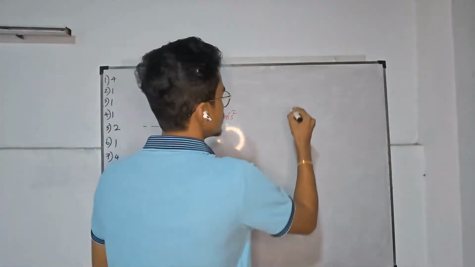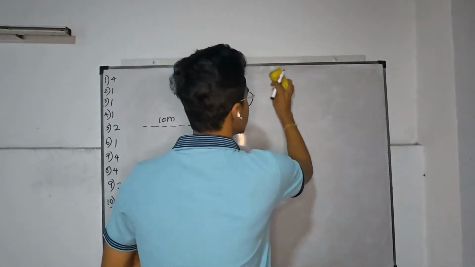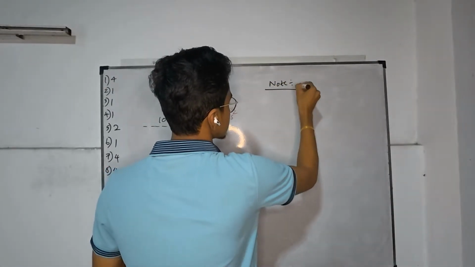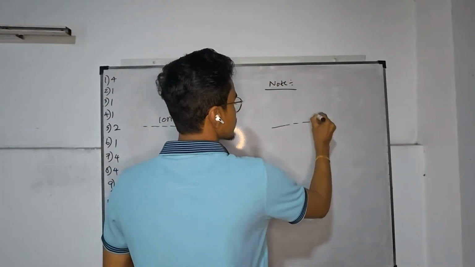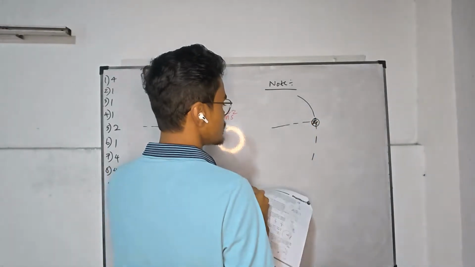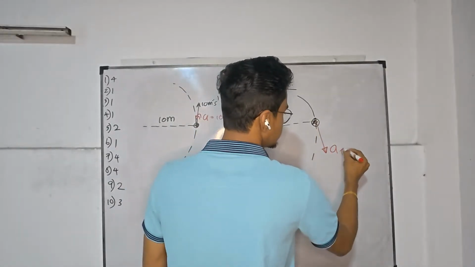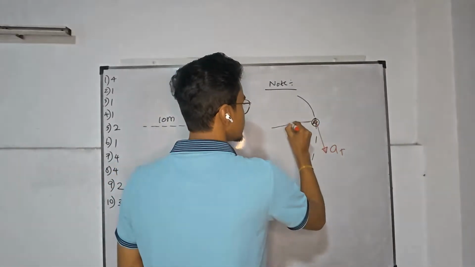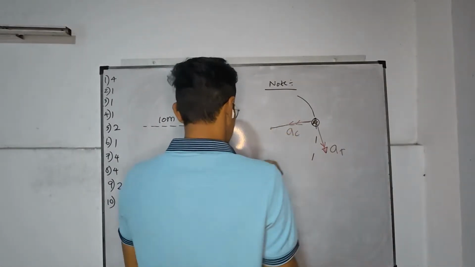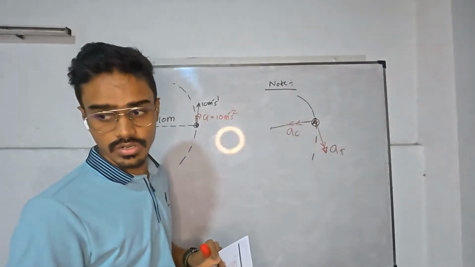Look at the board here. I'll explain this first. If this is an object which undergoes circular motion like this, there are two acceleration components: one along the tangent, called AT, tangential acceleration, and another component that is towards the center, along the direction of the center, called centripetal acceleration.